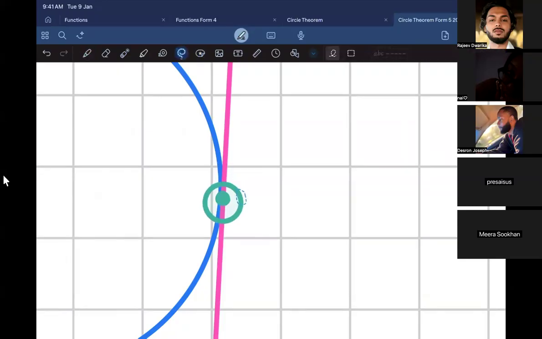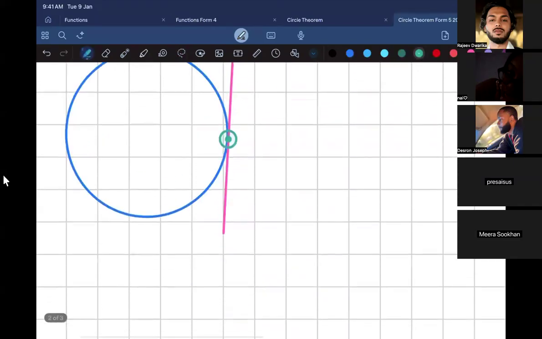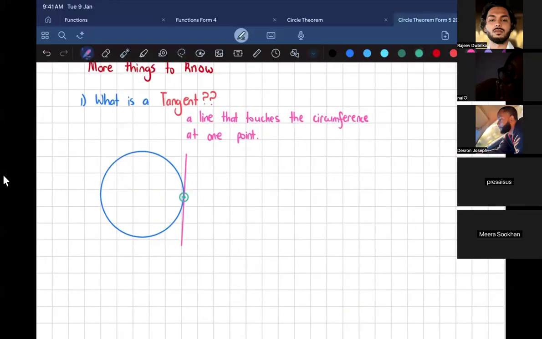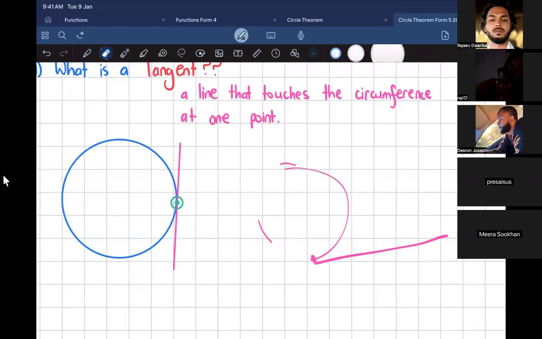Mira, how many times is that pink line interacting with the blue circle? One time, in the middle. Now it doesn't have to be in the middle. If I continue drawing this line, it wouldn't be in the middle. You'll see some diagrams that look like that, so not all the time it will be at the middle.